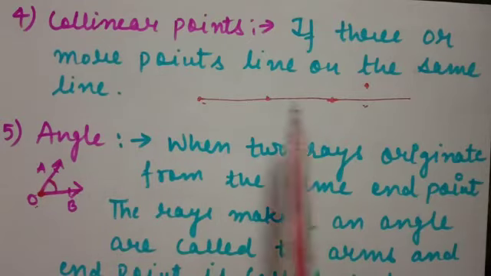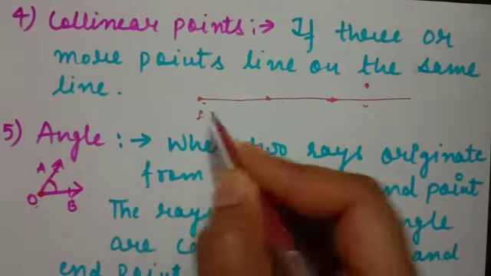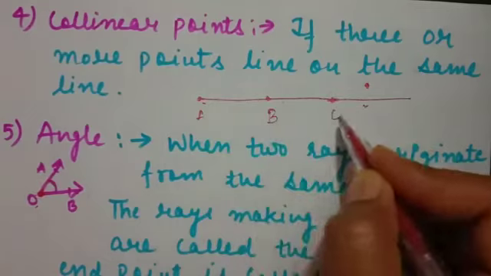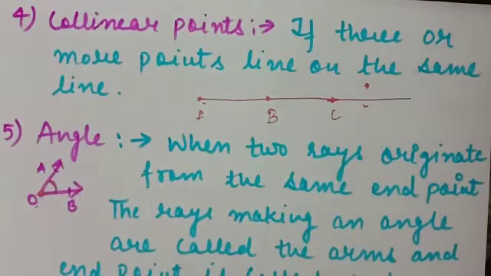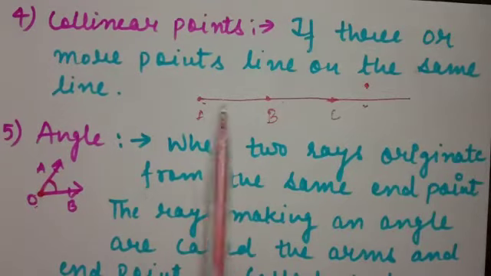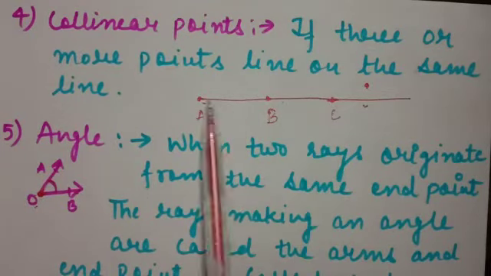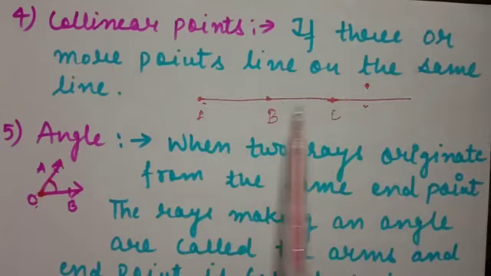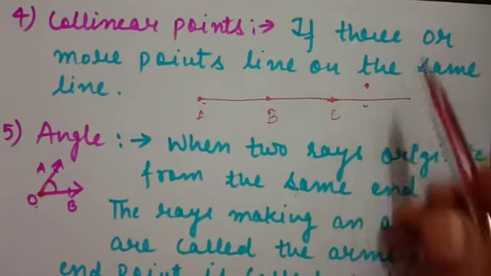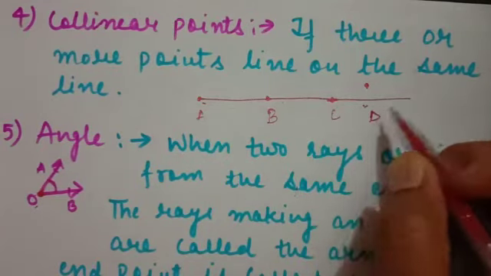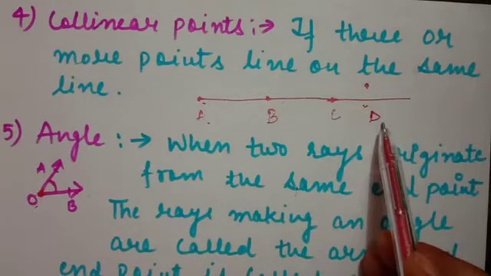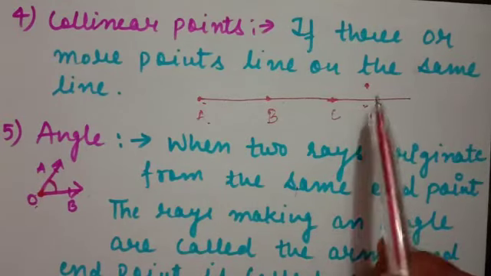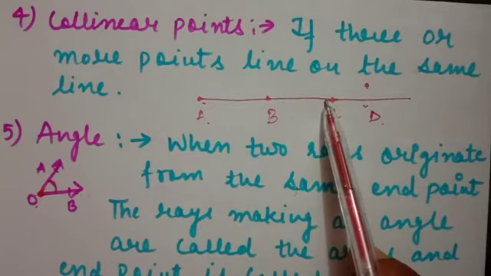If points A, B, C are present on the same straight line, then we call them collinear points. If we have one more point D which is not present on this line, it means these 4 points are not collinear to each other, because D is not present on this straight line.